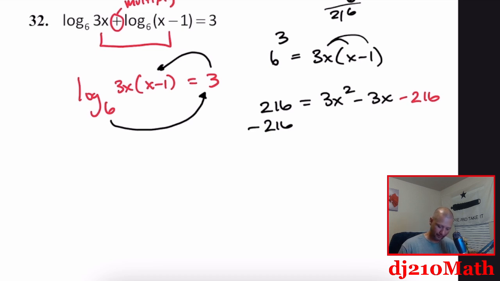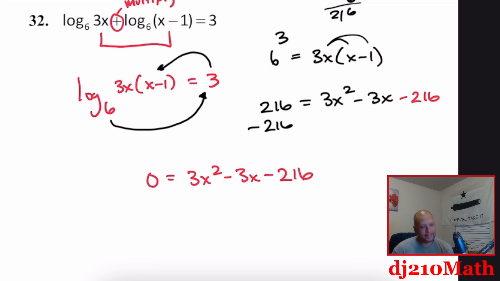So we get 0 is equal to 3x squared minus 3x minus 216. Okay, we have to factor this.